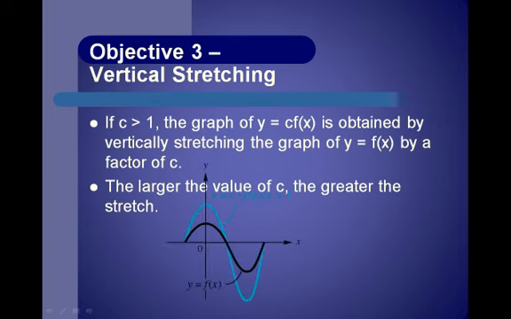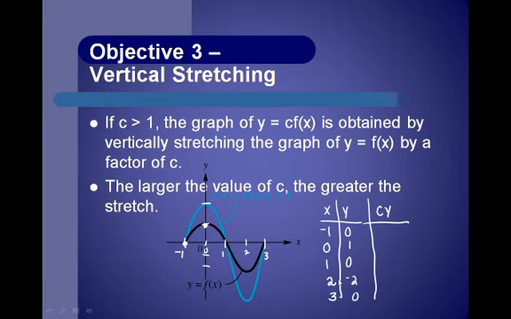Okay, so for this problem, y equals f of x was the black line. When we multiplied that by c, you notice how it got taller to start with and it got lower to end with. So what that means is for the original function, we had the ordered pairs -1, 0, 0, 1, 1, 0, 2, -2, and 3, 0.